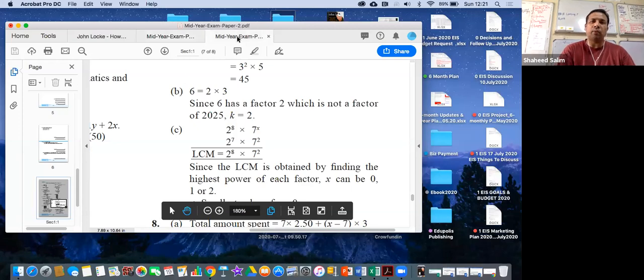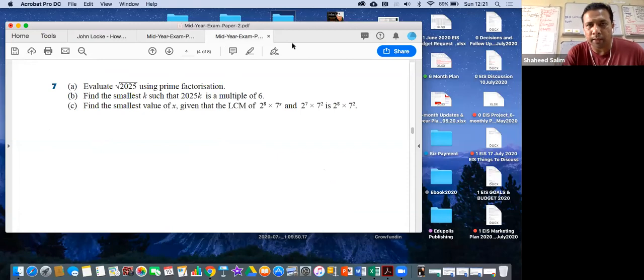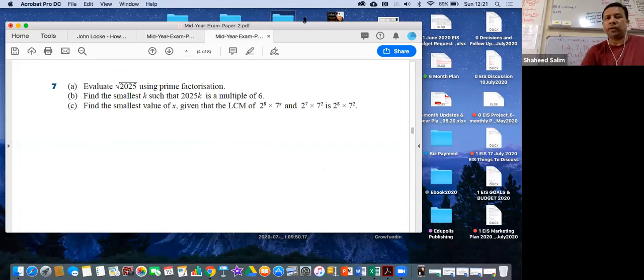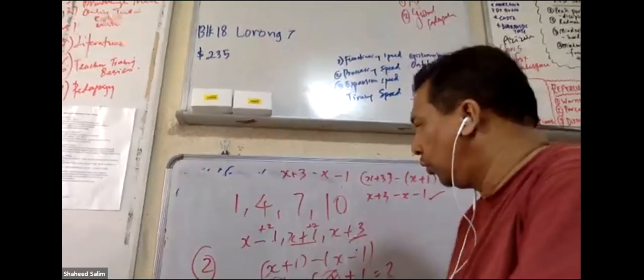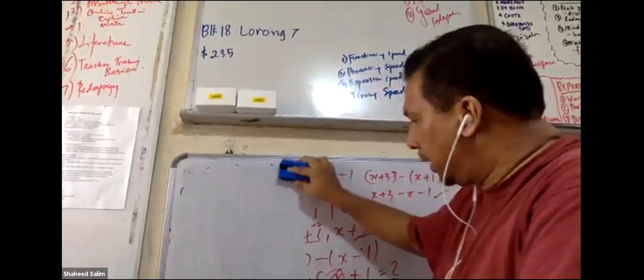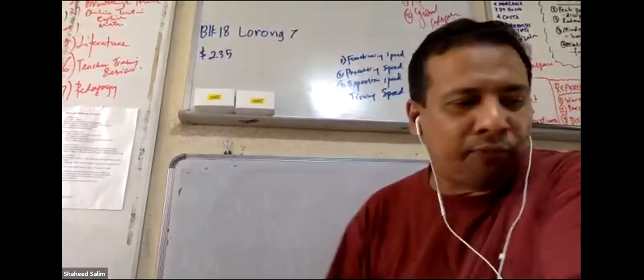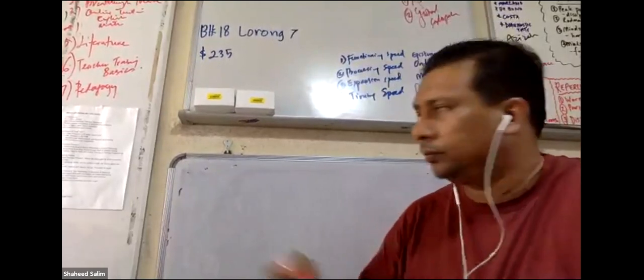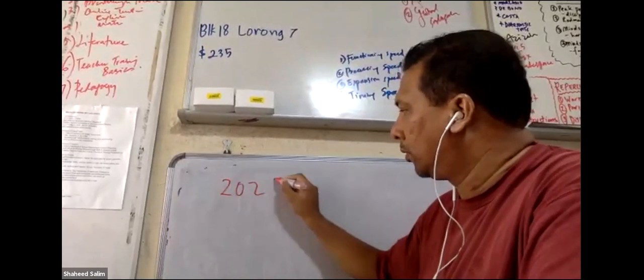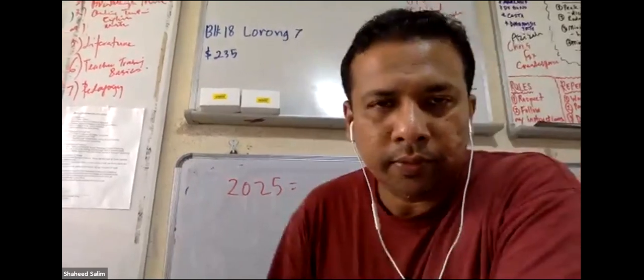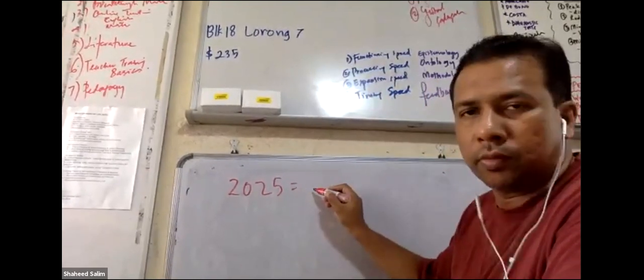Okay, we come to this one by one. You have done prime factorization for 2025. What is the prime factorization for 2025? You have your working there? What is it?